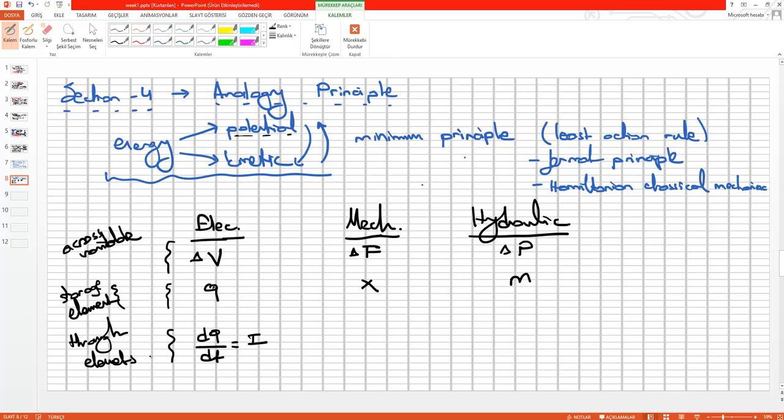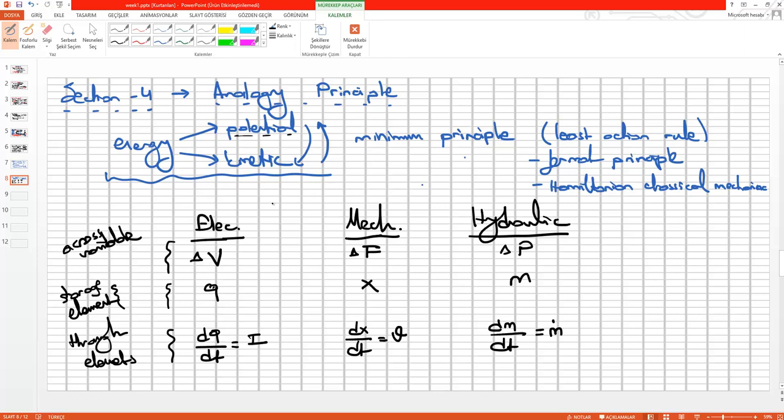What's the through element in a mechanical system? Velocity, because dx/dt must equal the v, velocity value. What is the through element in the hydraulic system? The m dot, which is the mass flow rate, right?